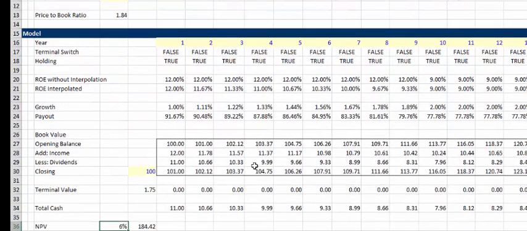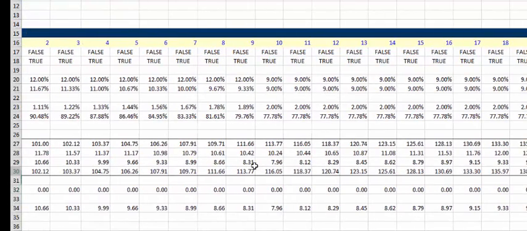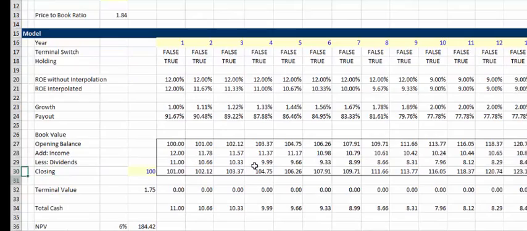So we can just put a terminal value using that formula and let the book value go up. So that's what I did over here.